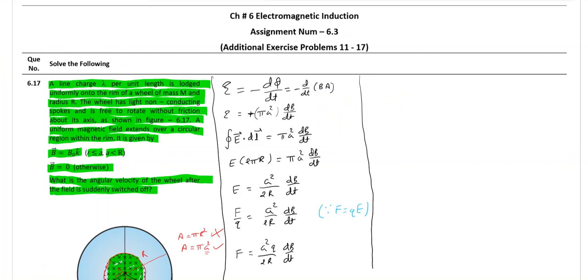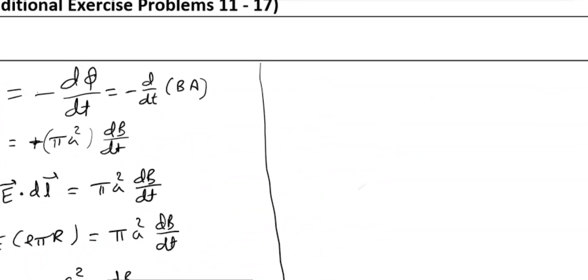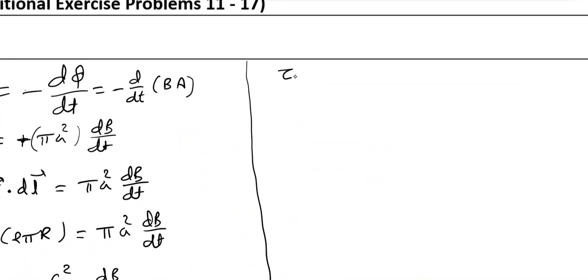Now there will be a force according to this equation, and in this rotational motion there will be torque also. The torque acting can be given as tau equals r cross F, but in this case instead of r F sine theta, we write r F only because sine theta will be 1.